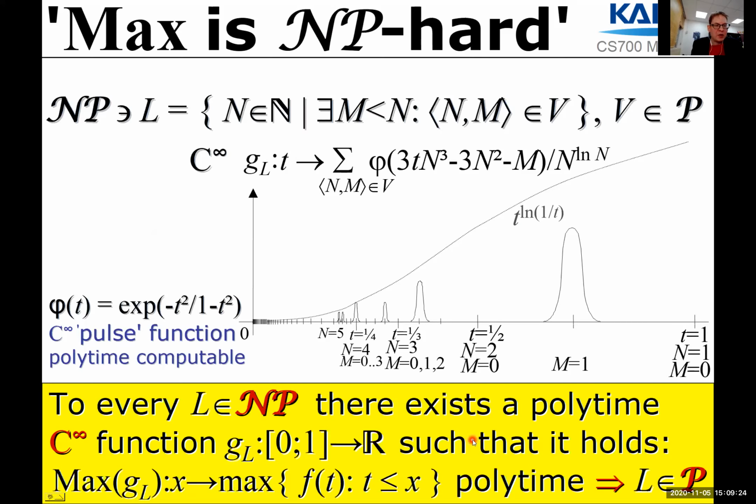So we're almost there, right? In the fourth step, we have constructed this function. Now let's look at the parametric maximum of this function on the interval from 0 up to some given argument. Let's say the parametric maximum from here to here. And the statement says if we can compute this parametric maximum of this function in polynomial time, then the original decision problem, we can actually decide in polynomial time.